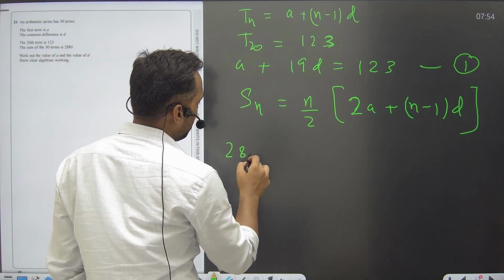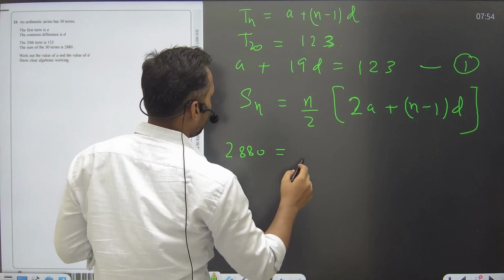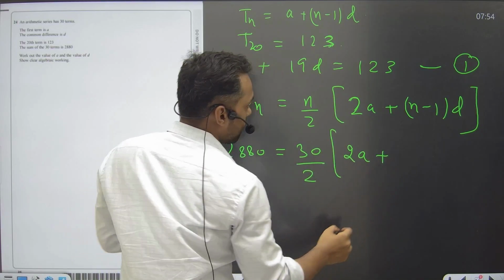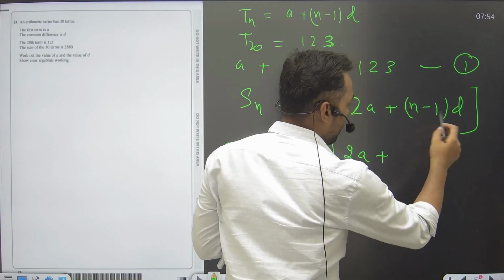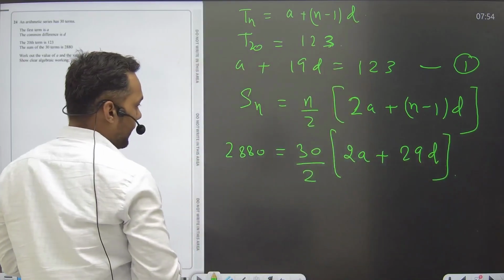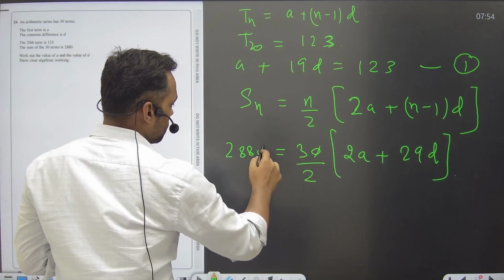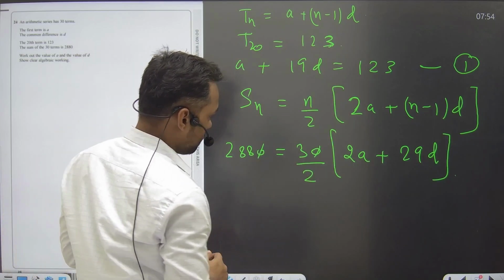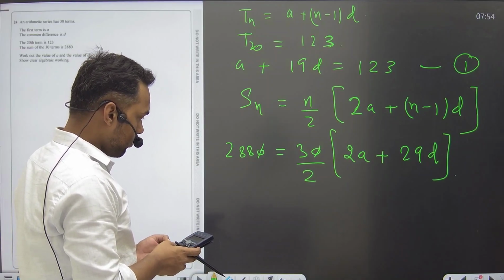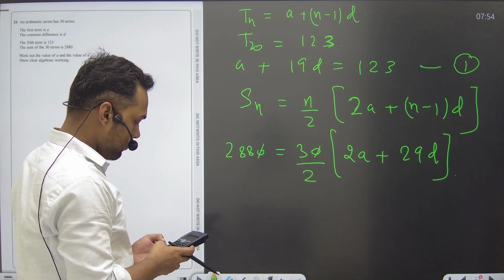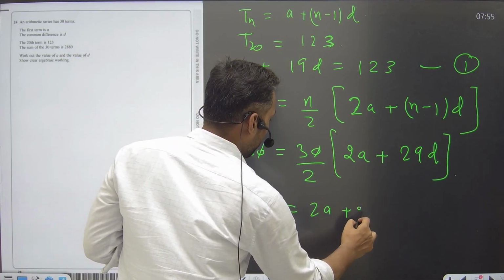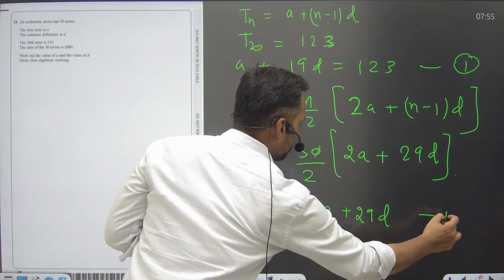So 2880 equals 30 by 2, because n is 30 here, into 2a plus 29d. So 2880 divided by 15 will be 192. So 192 is equal to 2a plus 29d. Let's suppose this is equation number 2.